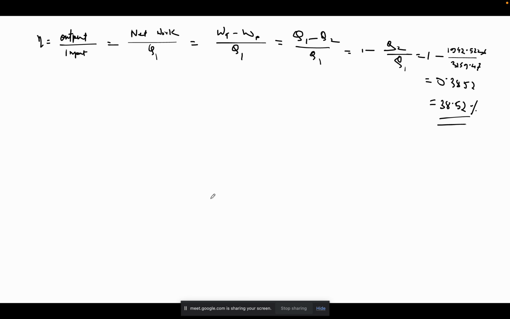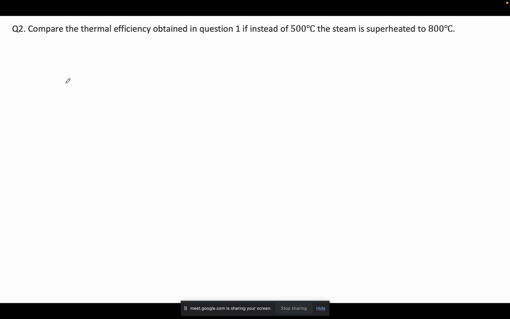I think you know the theories like reheat and so on, so we will just solve the numerical and you will understand that by doing this we can increase the efficiency. Now the same question one, instead of 500 degrees Celsius, if you superheat the steam to 800 degrees Celsius, you have to only calculate the thermal efficiency. Clear?